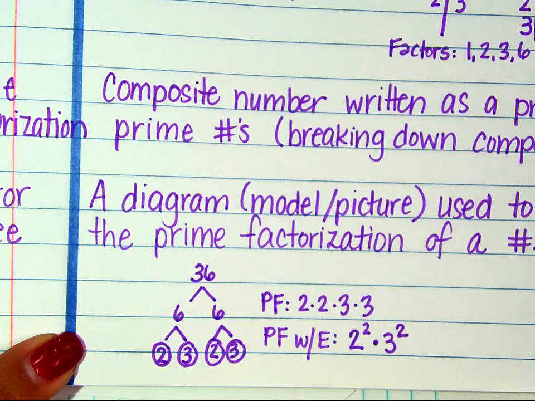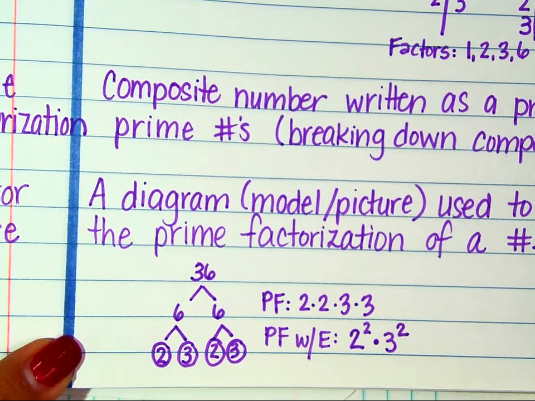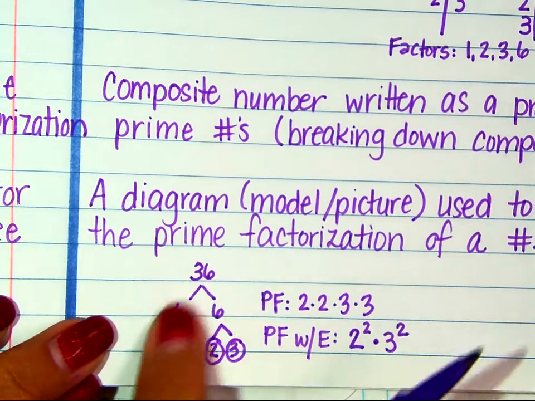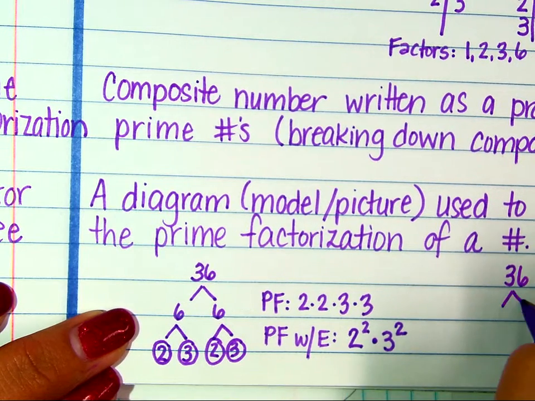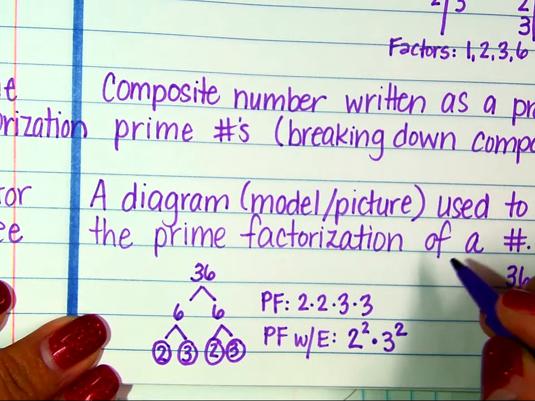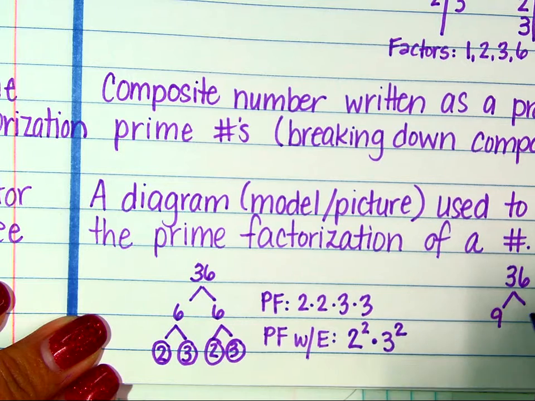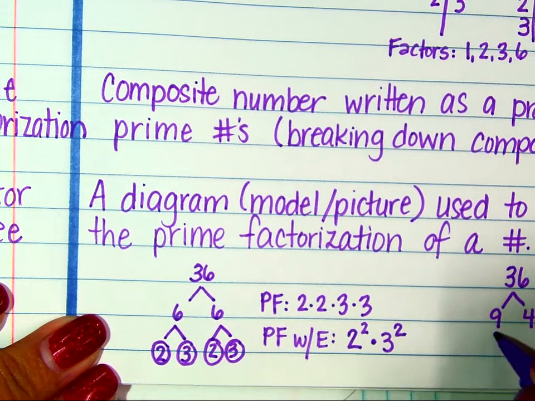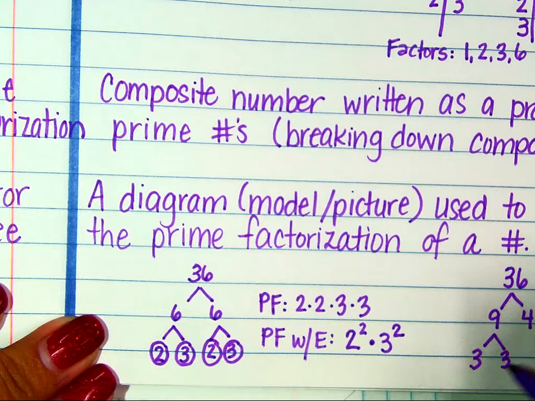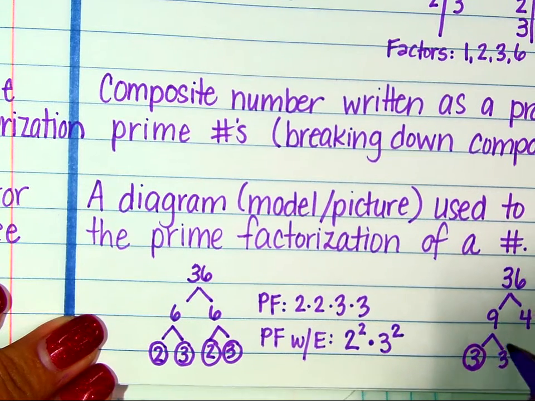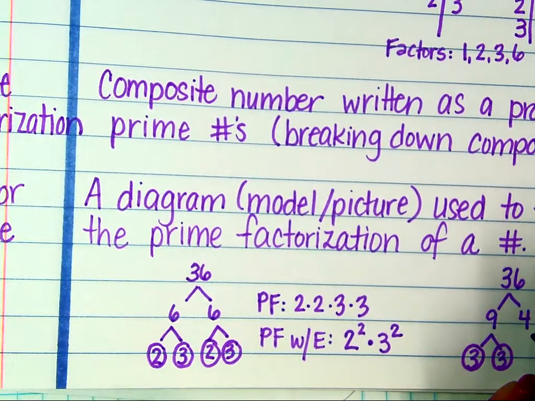Now there are different ways. I could have chosen 2 different numbers to break down 36 with. I could have used a 9 and a 4. This is a composite number, so I need to continue to break it down. And the 3's are prime, so I'll circle those. And then 4 breaks down to 2 times 2.